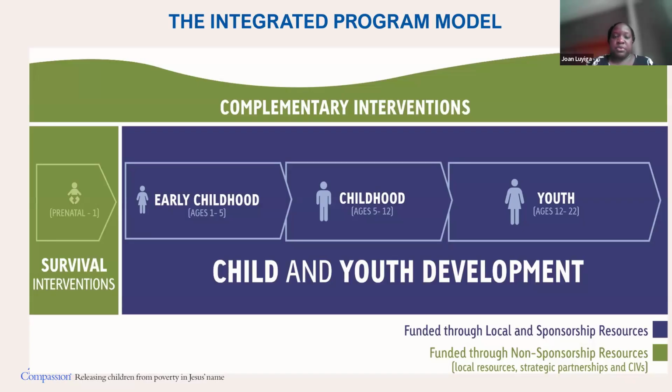When a participant is registered on program, they will always have one number from the time they are registered to the time they leave. Whether they go and come back, they'll always have one number. And that is why you hear us speak about the one program. Some people refer to the integrated program model as the one program model. It's really just an illustration.